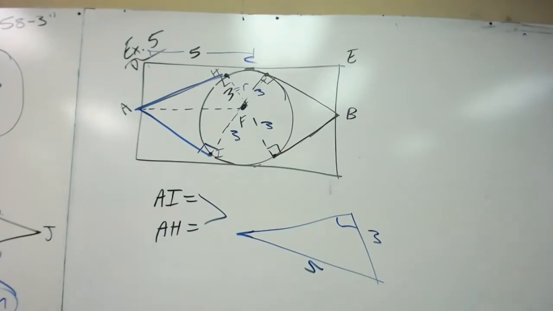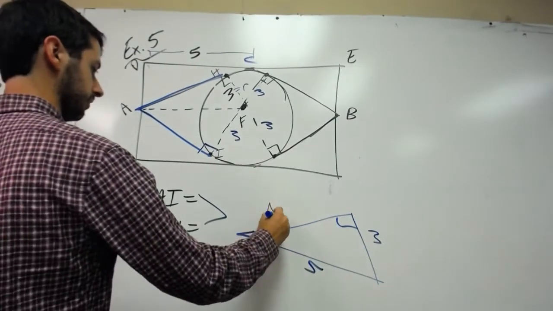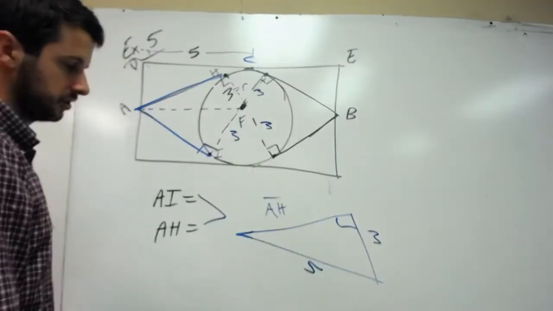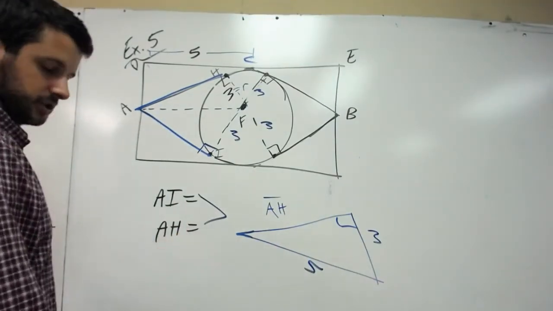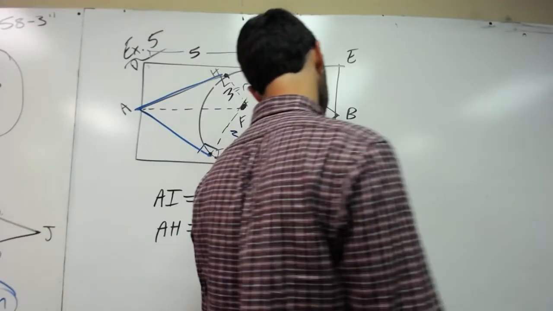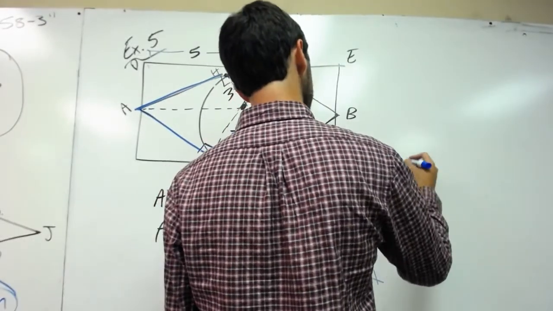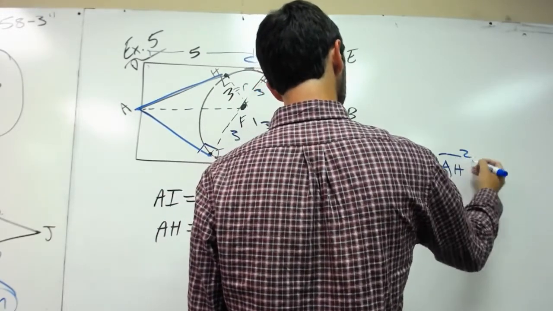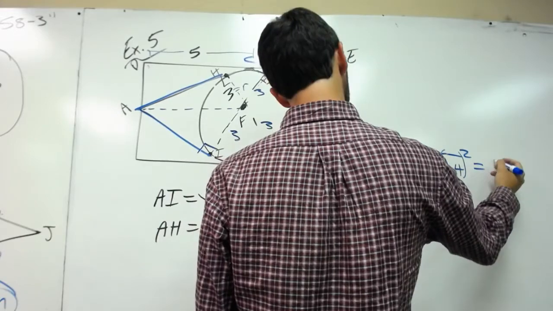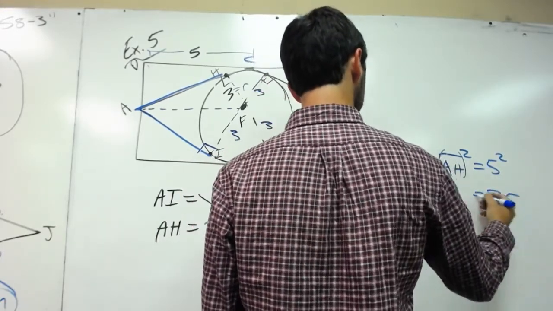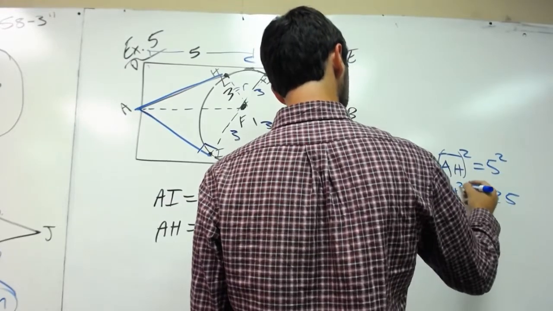So now we can solve for AH. So you can do Pythagorean theorem. If you know this is a Pythagorean triple, you might be able to solve quickly. But I'm going to go ahead and solve it. 3 squared plus AH squared equals 5 squared. 3 squared is 9, 5 squared 25. Bring down the AH squared.